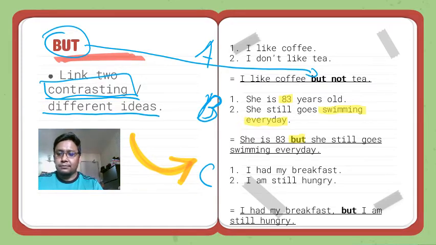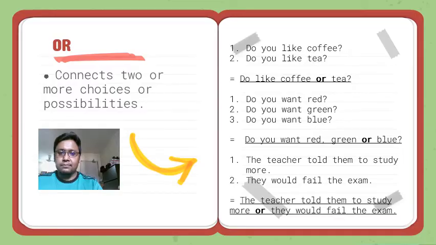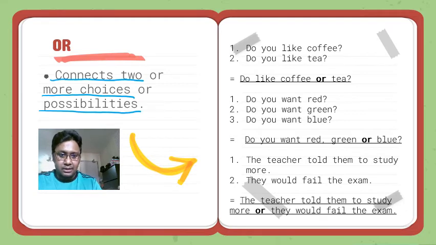Okay, now how about or? Just now as I mentioned, it connects two or more choices or possibilities. What are choices?